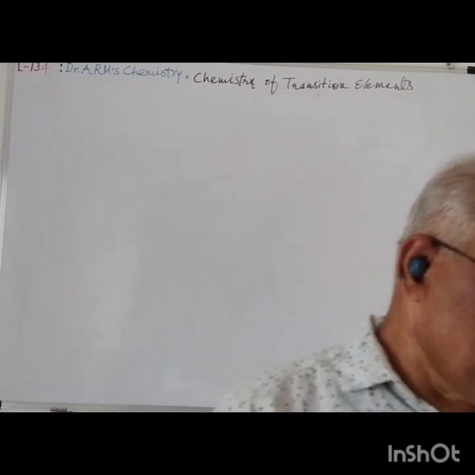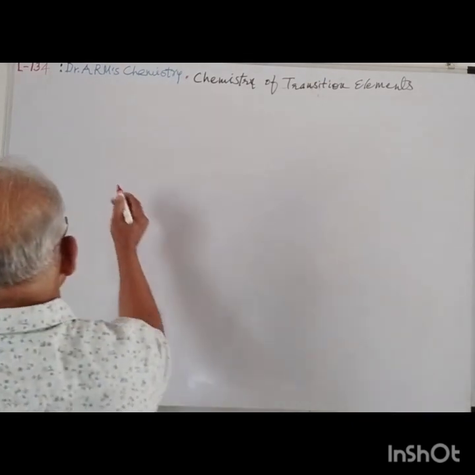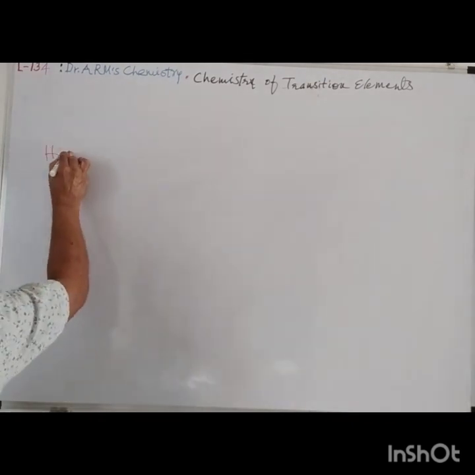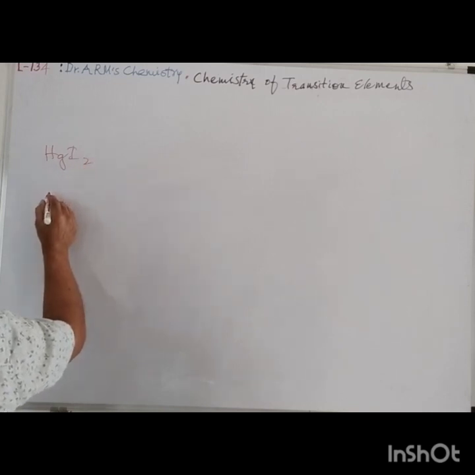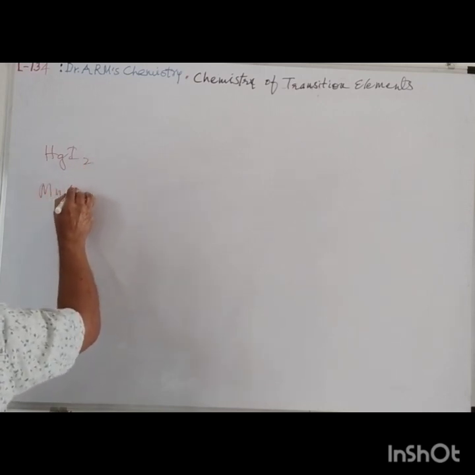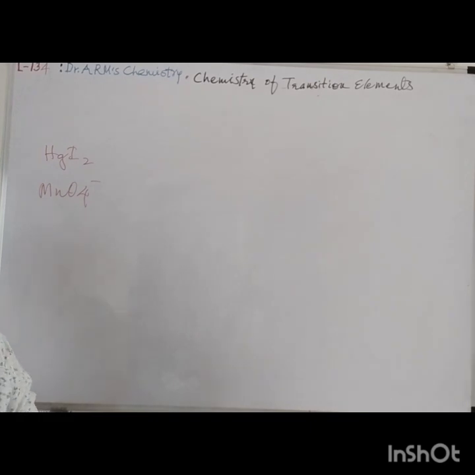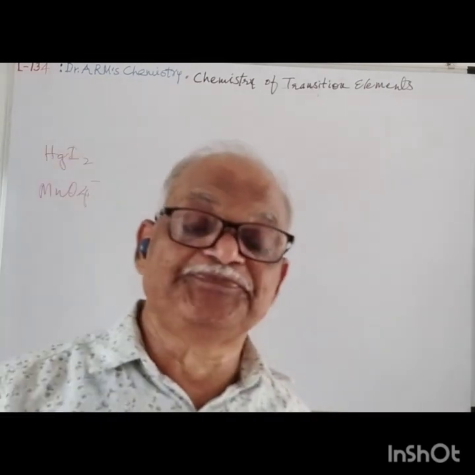We know that complexes such as HgI4, HgI2, and another complex, MnO4 minus, have intense color.